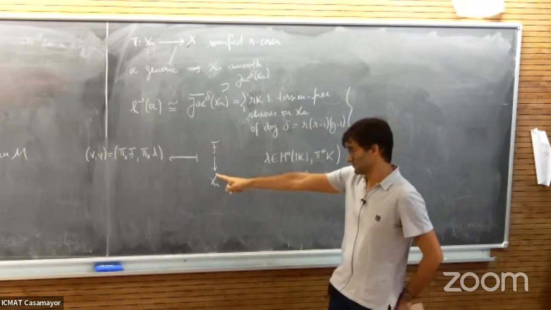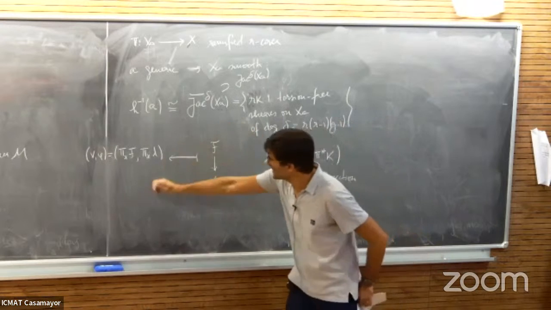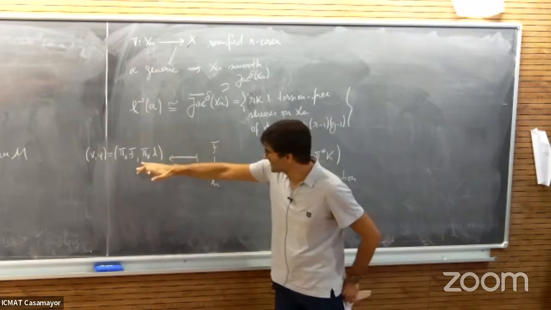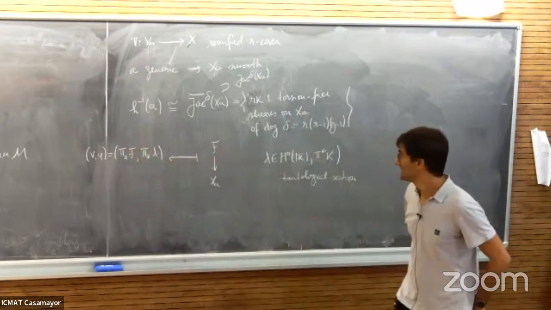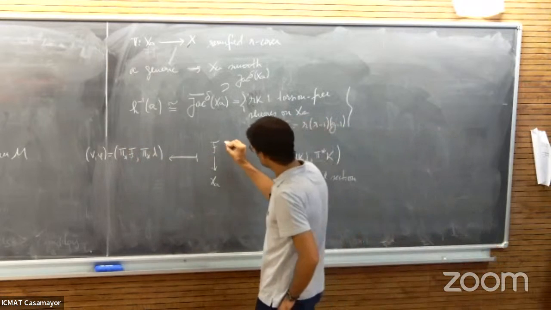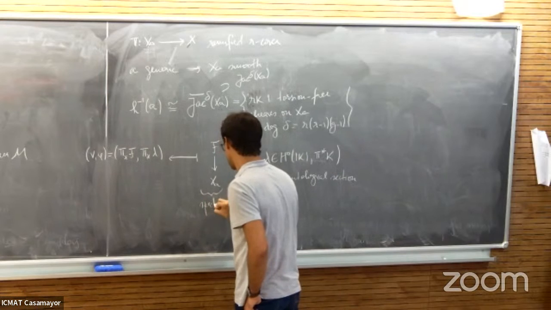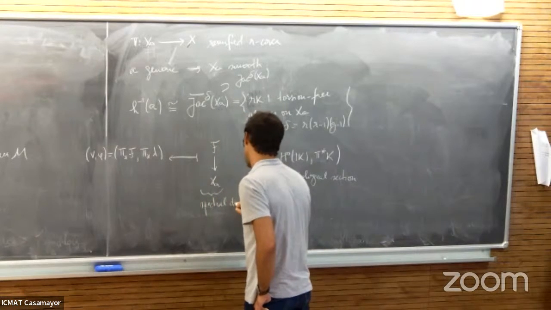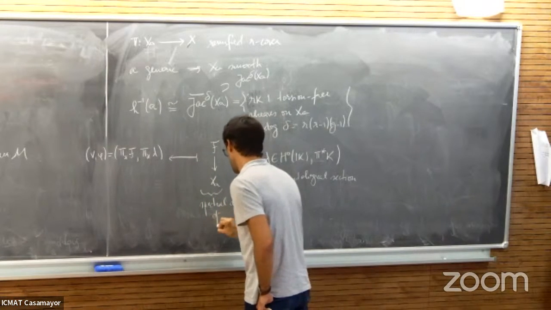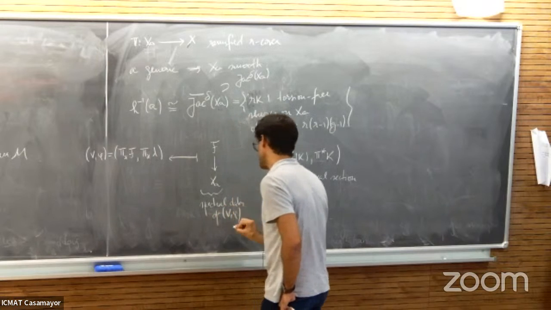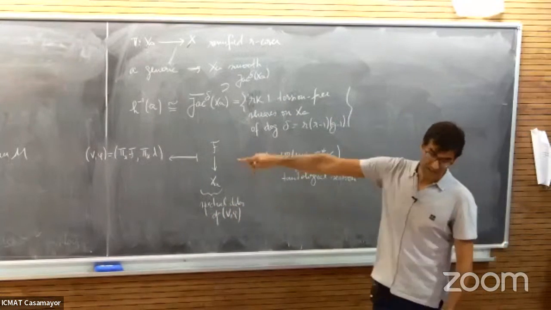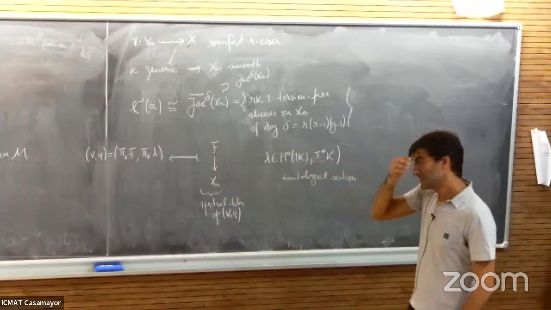It restricts, taking the restriction to the spectral curve, and then multiplication by this section induces a Higgs field. Okay, so this is called the spectral data of the Higgs bundle.